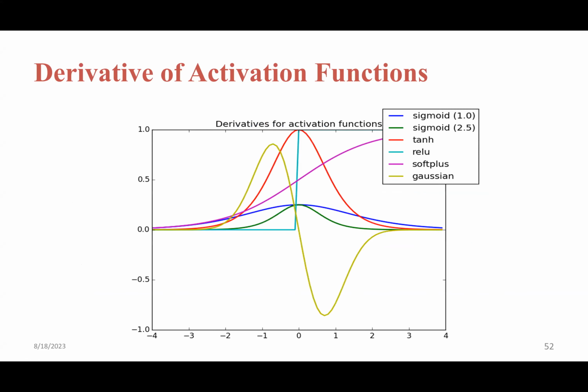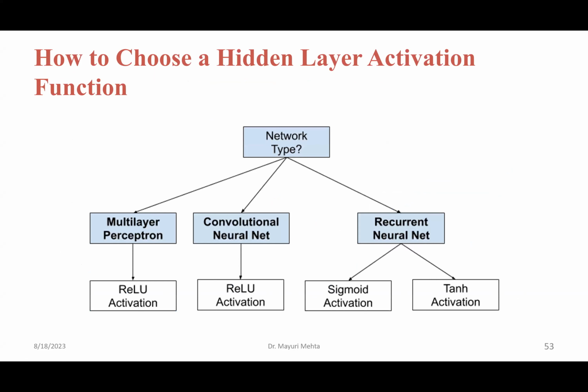You can determine it based on network type, meaning neural network type. If it is a multi-layer perceptron, the ReLU activation function is used. If it is a convolutional neural network, the ReLU activation function is used. If it is a recurrent neural network, sigmoid and tanh activation functions are more suitable. So depending on the type of neural network, you can choose the activation function for your hidden layer. And if there are n hidden layers, n activation functions are required.